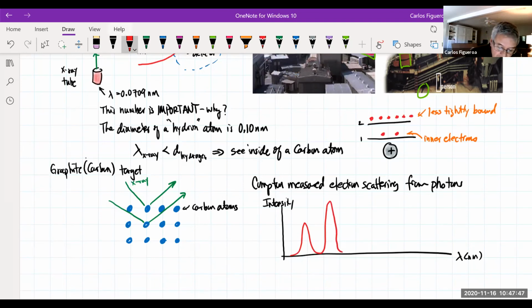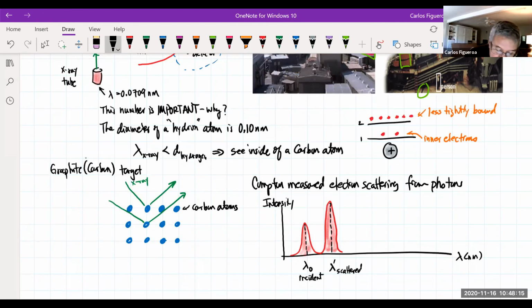If I truly have scattering, this one is going to be the incident photon, and this one is going to be the scattered photon.